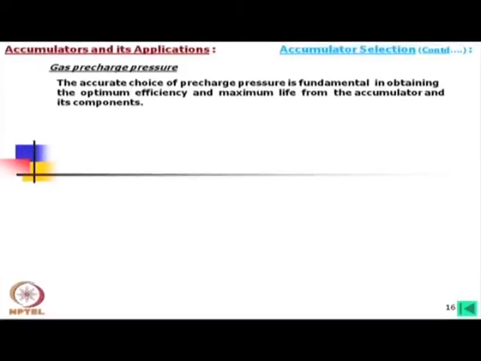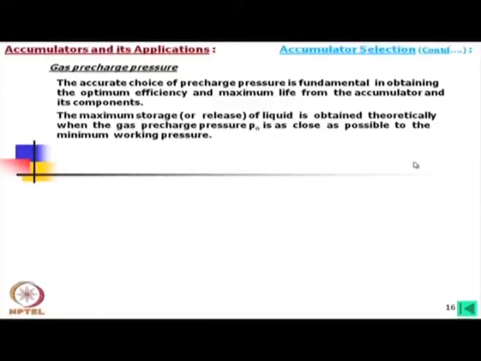So, we have to look into these pre-charge pressures, which control the accumulator performance as well as the life of the components. The maximum storage or release of liquid is obtained theoretically when the gas pre-charge pressure P0 is as close as possible to the minimum working pressure.